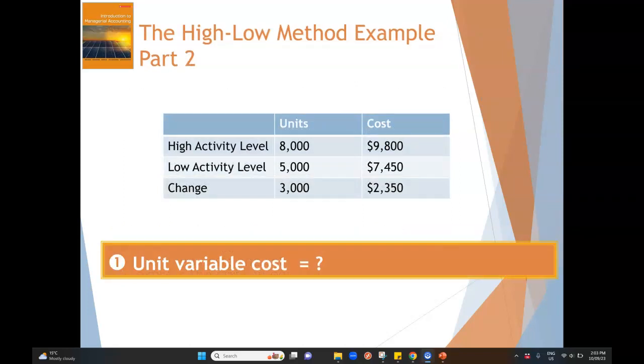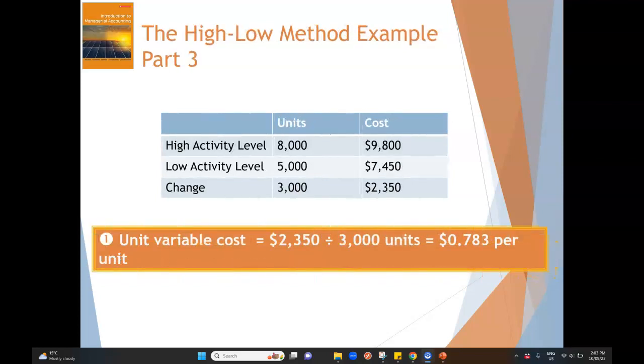The high-low method example, Part 2. Number 1, unit variable cost equals 2350 divided by 3,000 units equals 0.783 per unit.